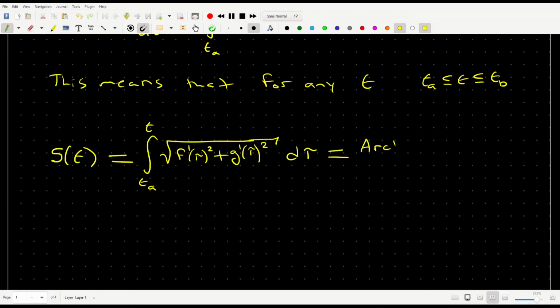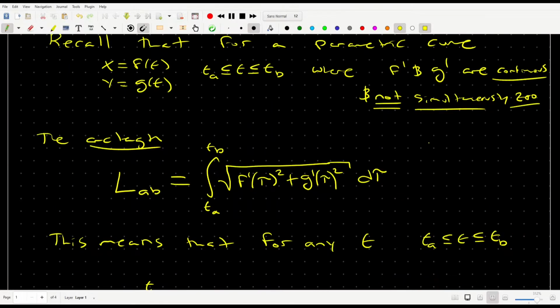This is the arc length from the point x of ta, y of ta, so from this point to the point x of t, y of t.